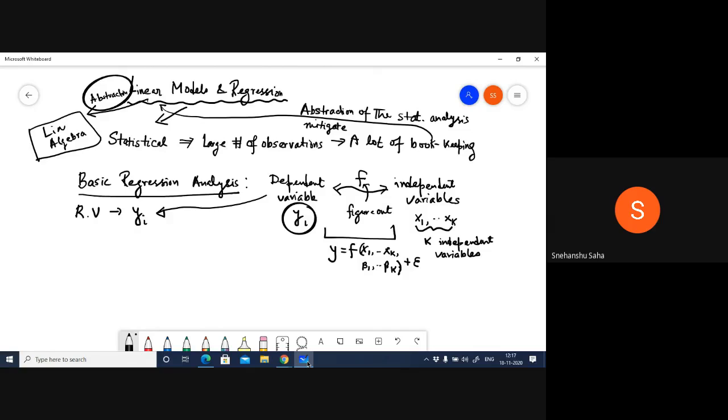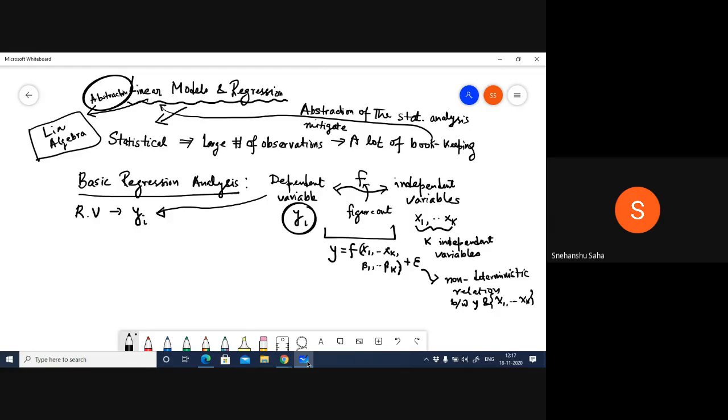This epsilon reflects the non-deterministic nature of the relationship between y and x1 through xk. For example, if epsilon becomes 0, then we have an exact relationship between y and these several independent variables.